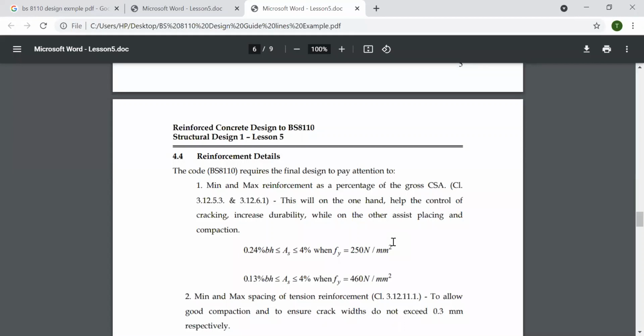If it is 250, instead of 460, you need to go for equation number 1. But today's situation is completely different. We don't design main reinforcement under the mild steel category where the 250s come. So the first equation can be easily forgotten, and you can work only with the second equation. Keep in mind the minimum requirement is 0.13 and the maximum is 4%.